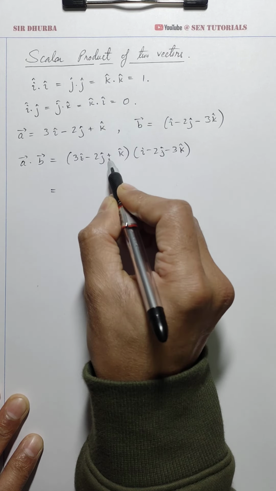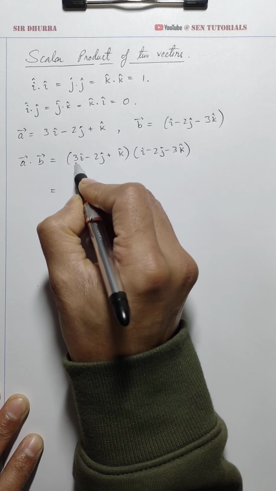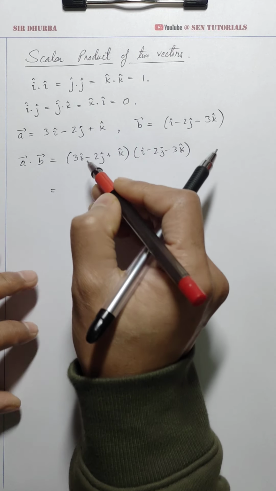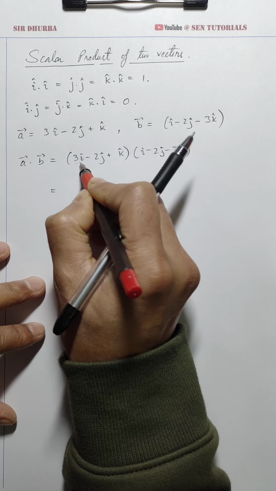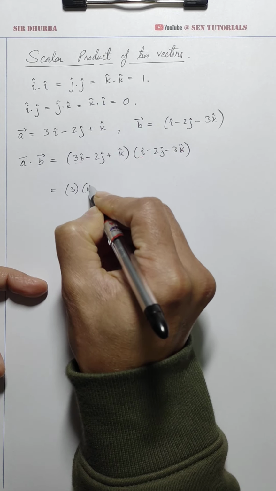Just go for i, j, k with the like vectors, that is, the product of the coefficients of i, 3i and 1i. So that's going to be 3 into 1.